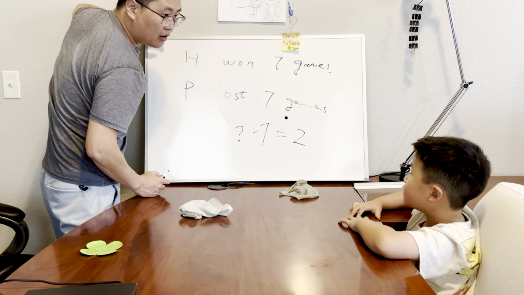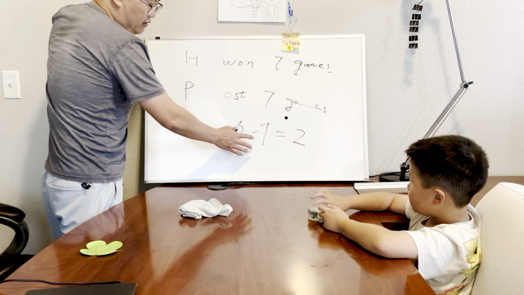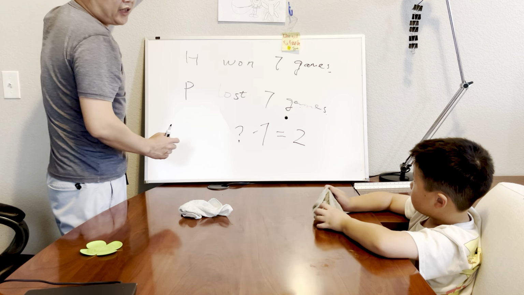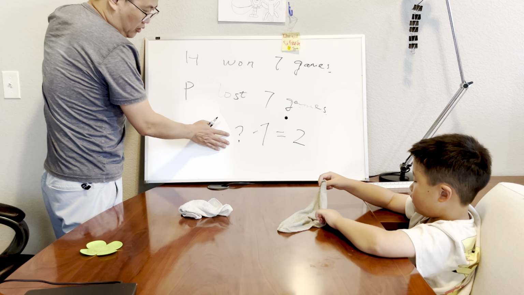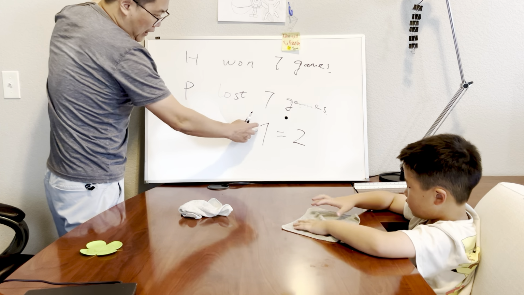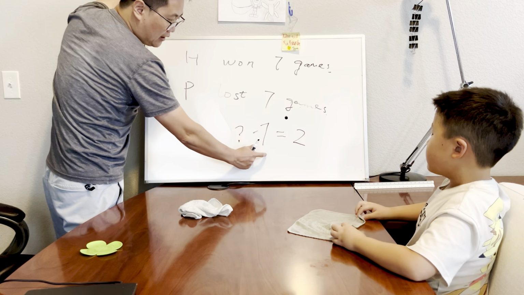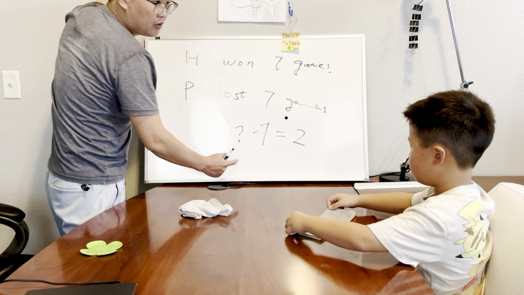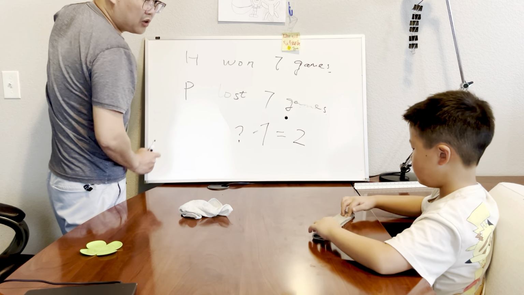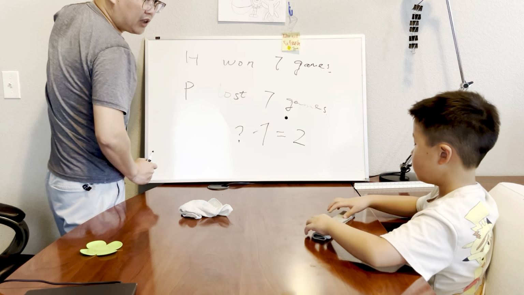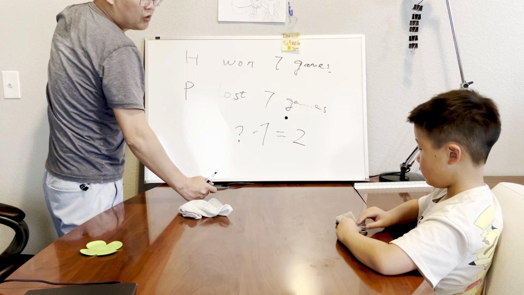As long as you can figure out how many games P has won, then you can figure out how many games they have played. So something minus the $7 he lost during those 7 losing games equals 2. So what's actually the question mark? How many games has P won then? What subtracted 7 equals 2?